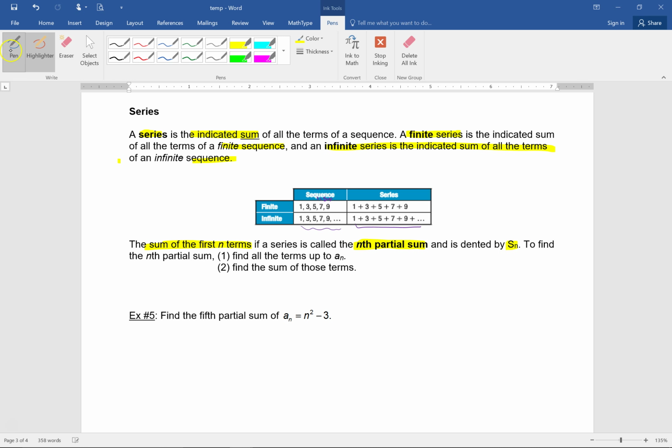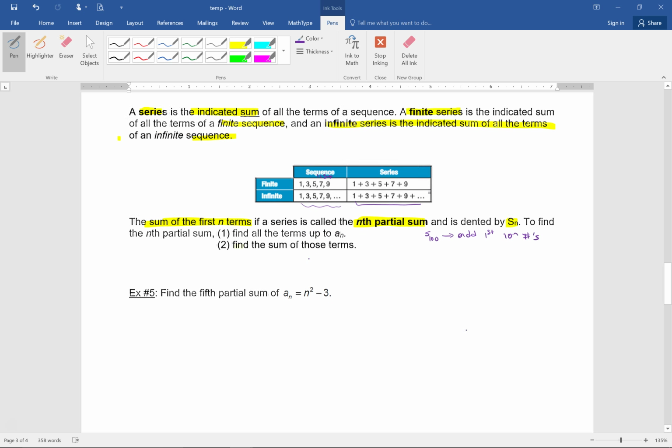So if I said, for example, S100, that means you add the first 100 numbers. That's the 100th partial sum. How do you find that? Well, you find the first 100 terms, and then you just add them all up. That's it.